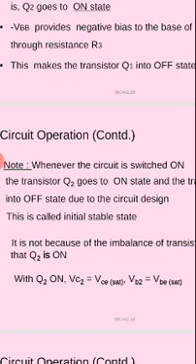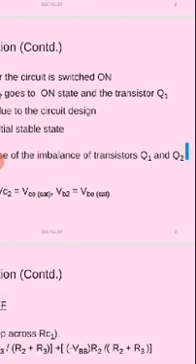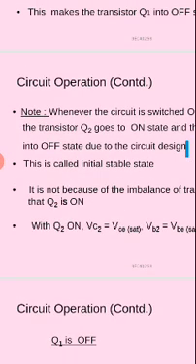This is called initial stable state. It is not because of the imbalance of transistors Q1 and Q2 that Q2 is on.